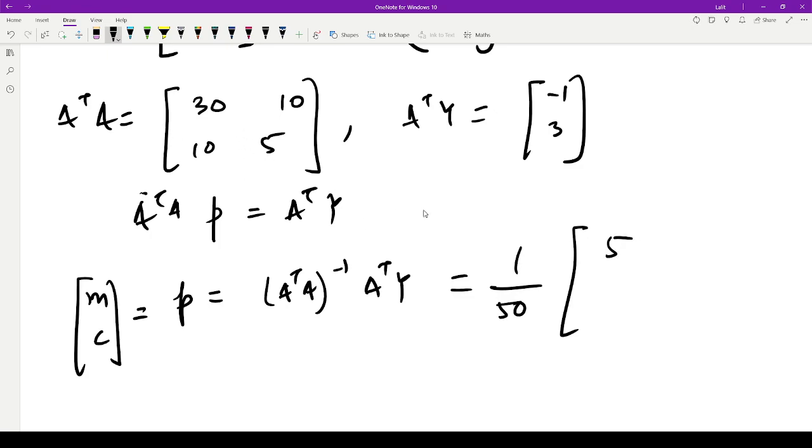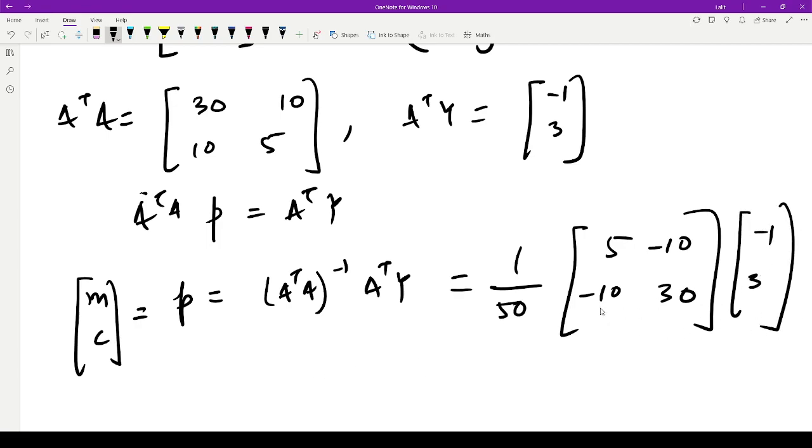The diagonals will be swapped and the non-diagonals will just be negated. That's all it is. So this is the inverse of a 2D matrix, which is a very simple formula to remember.